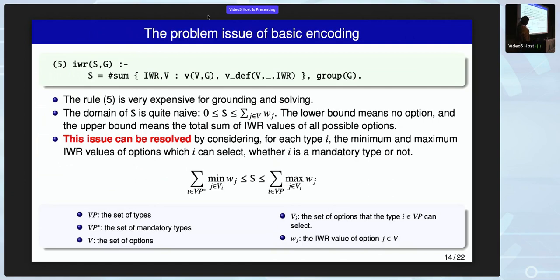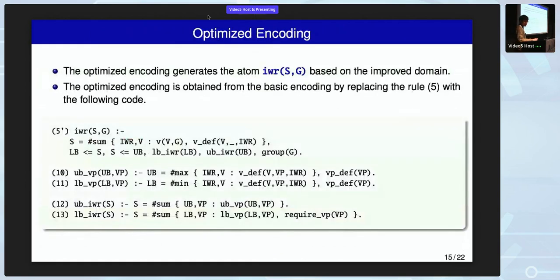This issue can be resolved by considering, for each type I, the minimum and maximum IWR values of options which I can select, whether I is a mandatory type or not. This is an improved domain. The lower bound is the sum of minimum IWR values of options for mandatory types, and the upper bound is the sum of maximum IWR values of options for all types.